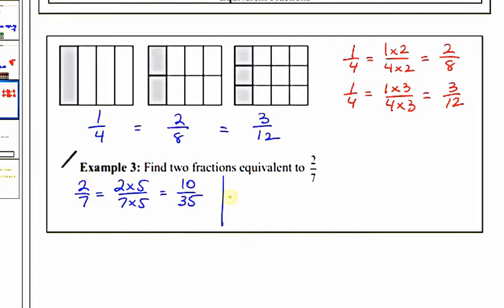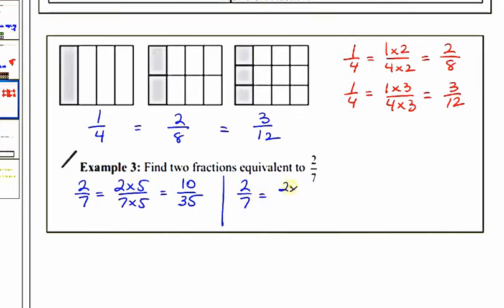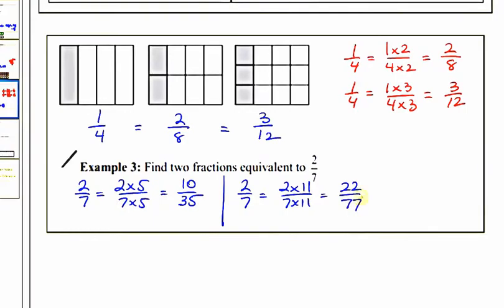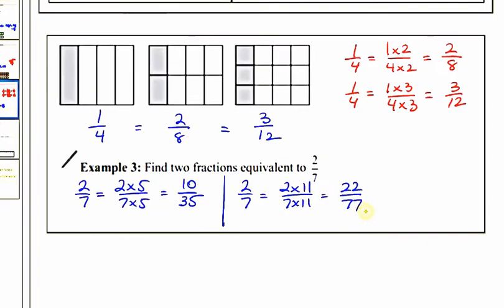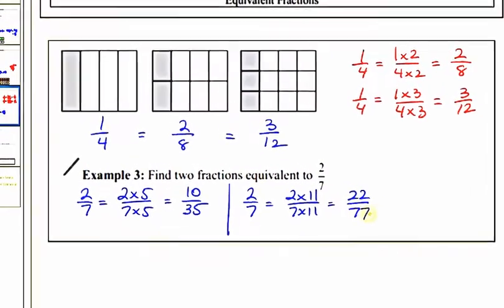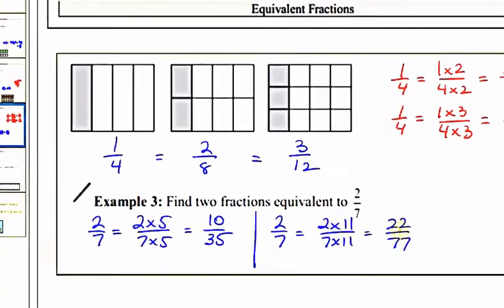For our second equivalent fraction, let's multiply by 11. So we have 2/7 equal to 2 times 11 over 7 times 11, which is equal to 22/77. These would be two equivalent fractions to 2/7. Of course, there are many others that we could find.